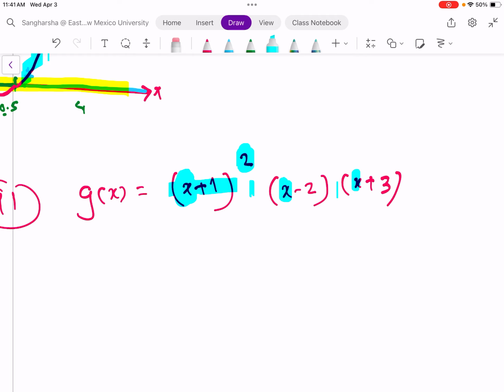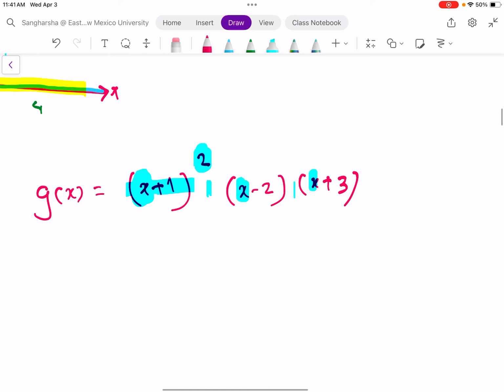So x to the power 4 is our leading term, okay? We already have the factor form here. If you want to multiply and expand, you can do that, but you are not required to. So you just multiply the first term of each factor and you get the leading term.